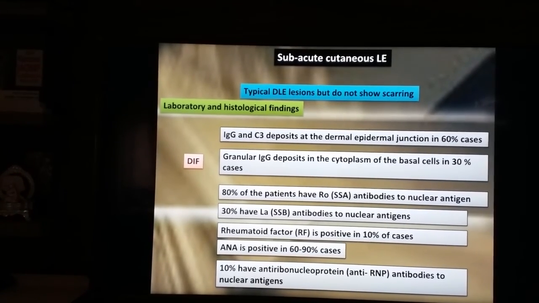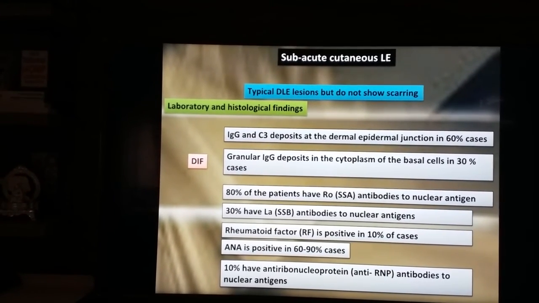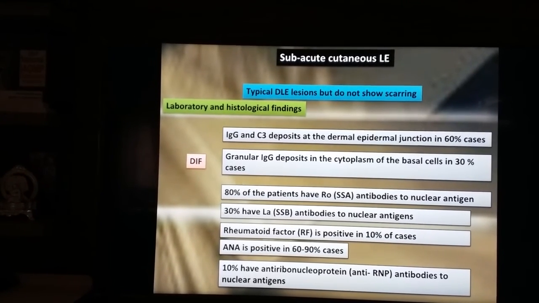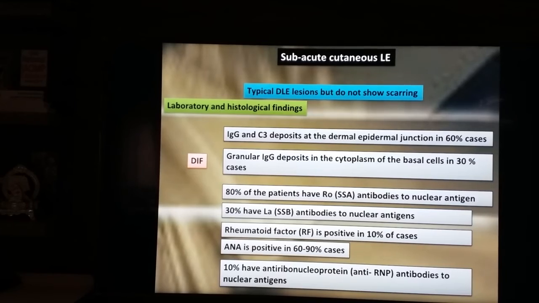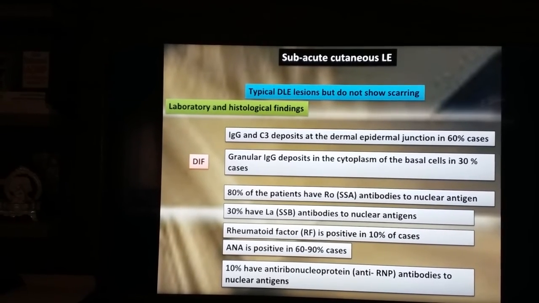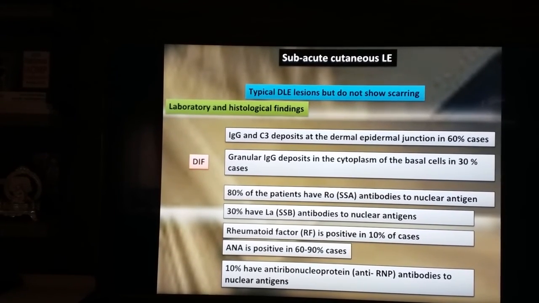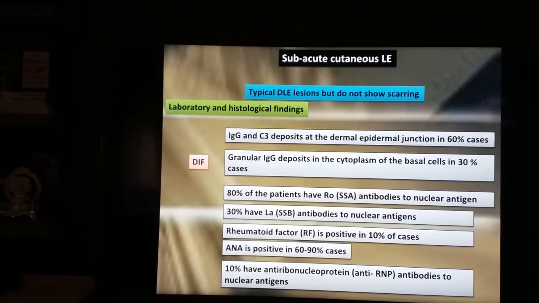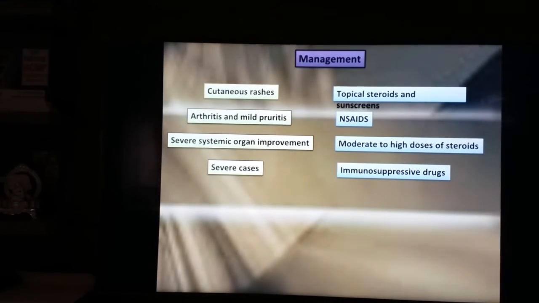You find granular IgG deposits in the cytoplasm, and about 80% of patients have the SSA antibodies to nuclear antigens. Rheumatoid factors could also be found in about 10% of cases, and about 10% will have anti-ribonucleoprotein, which is called anti-RNP antibodies to nuclear antigens.